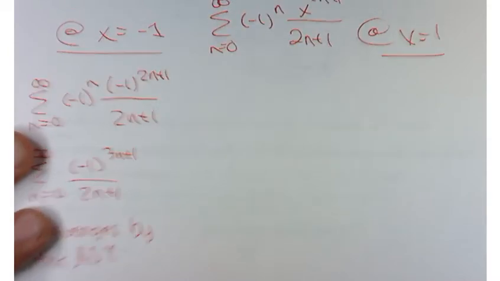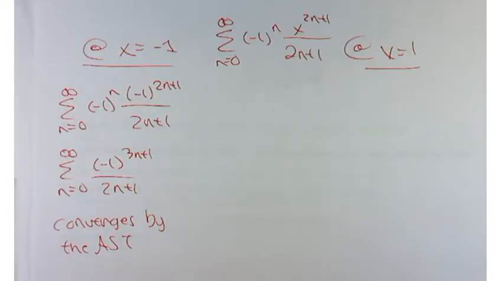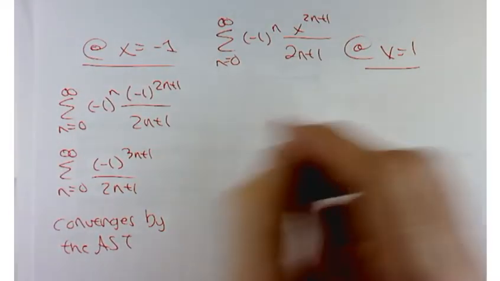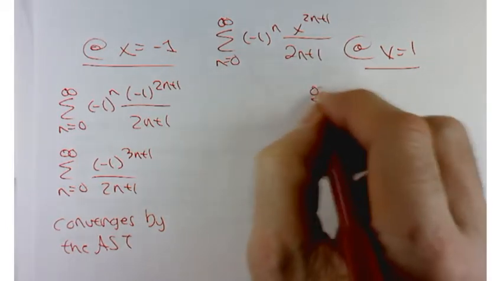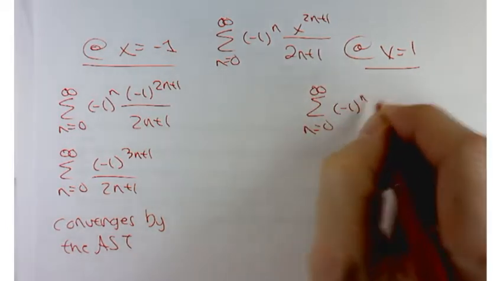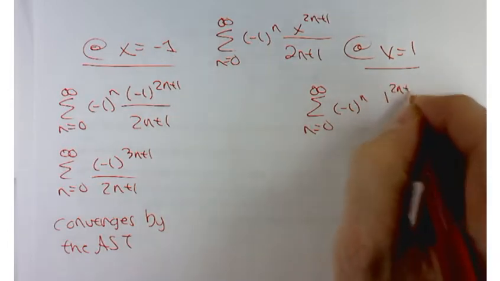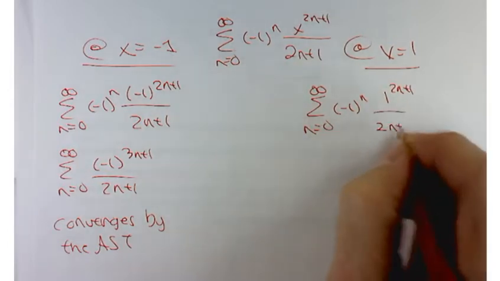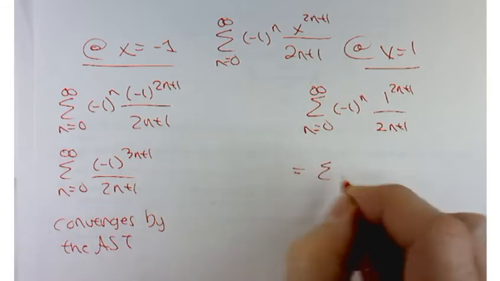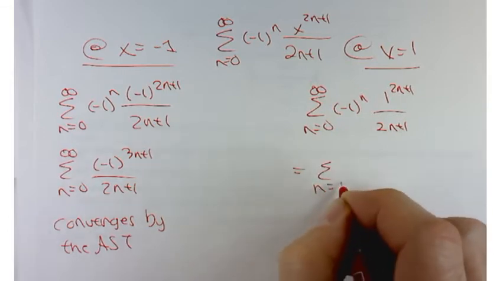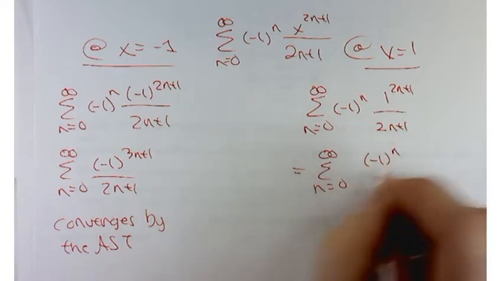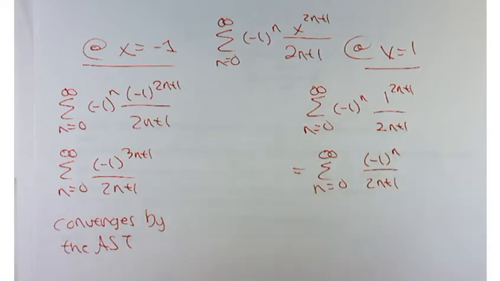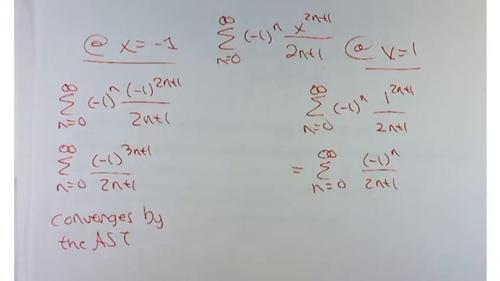Let's take a look at the other endpoint at x equal 1. At x equal 1, this series gets pretty simple pretty fast. The sum from n equals 0 to infinity of negative 1 to the n, 1 to the 2n plus 1 over 2n plus 1. Basically, the sum from n equals 0 to infinity of negative 1 to the n over 2n plus 1. Do I get convergence there?